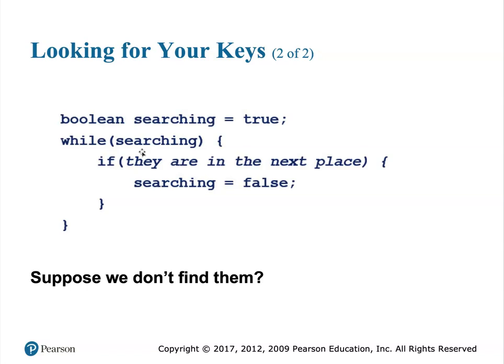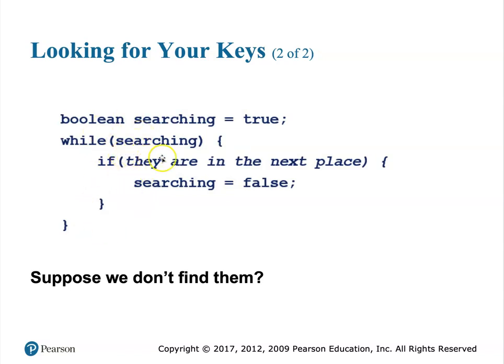Given the structure of this algorithm, because we have an if statement which controls whether or not searching ever goes to false, if we never find them, searching never goes false, which means we're stuck in an infinite loop. Because look what happens. It's true, we go in, true, we go in, true, we go in. We stay here.